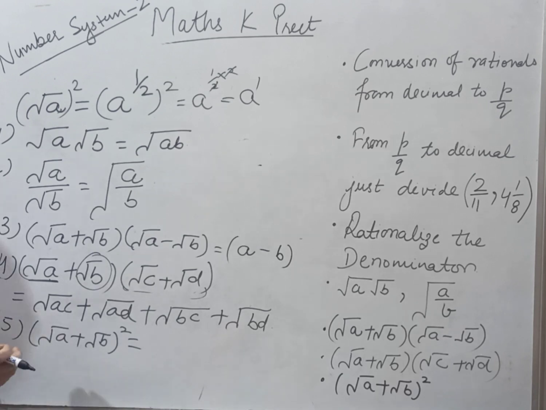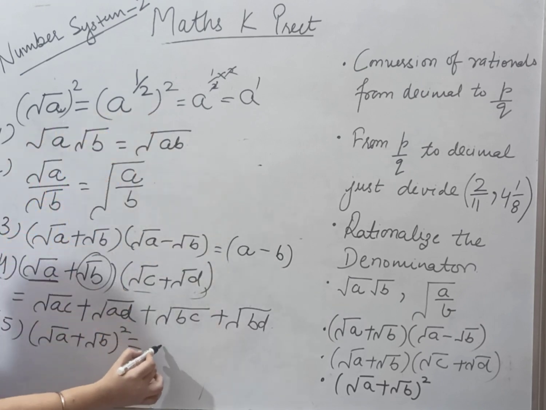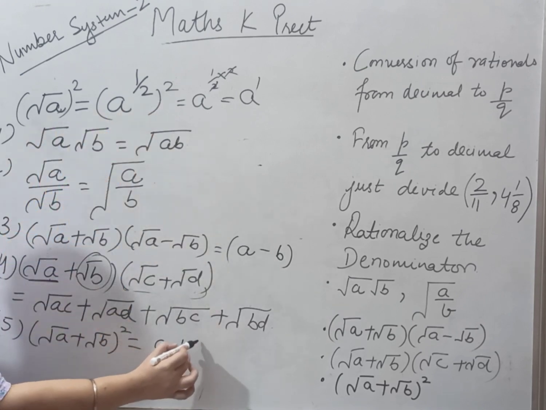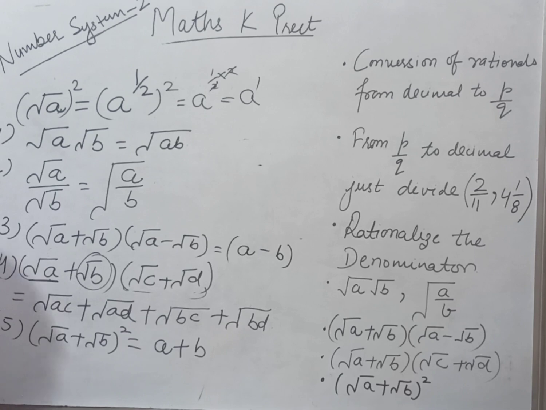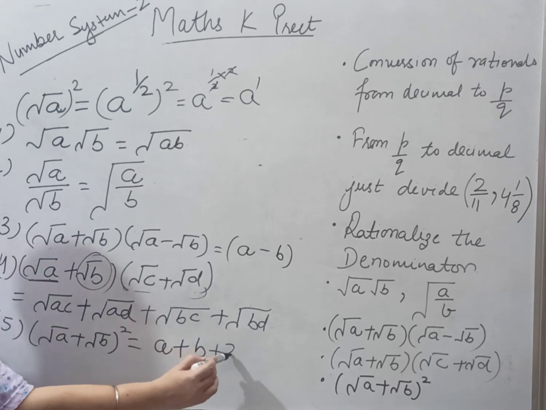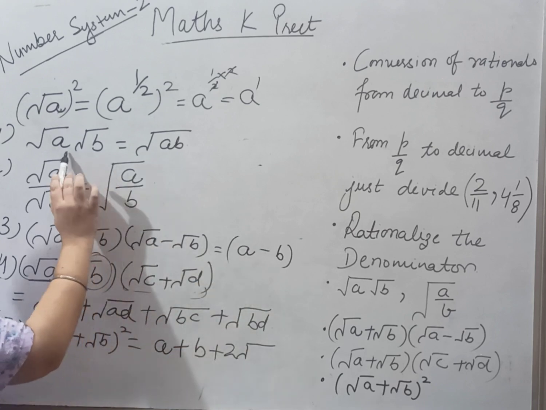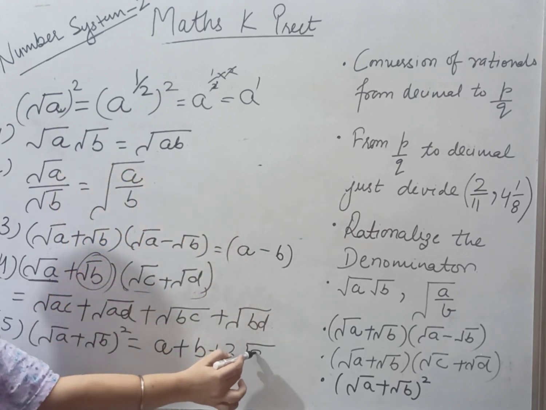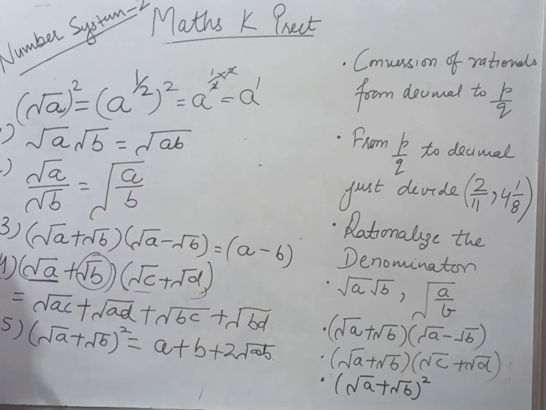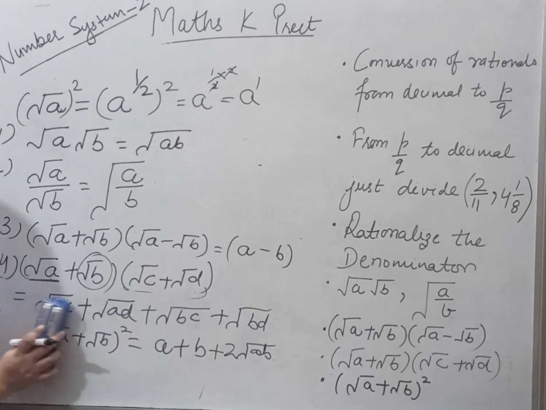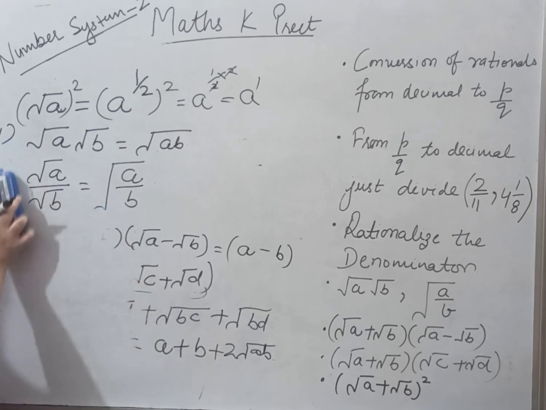Similarly, root a square will give us a, root b square gives b, plus 2ab, where 2ab means 2 times root a root b, which can be written as root ab in a single root. So these were a few identities, and we will now discuss how to rationalize the denominator, and we need these identities to solve the question.